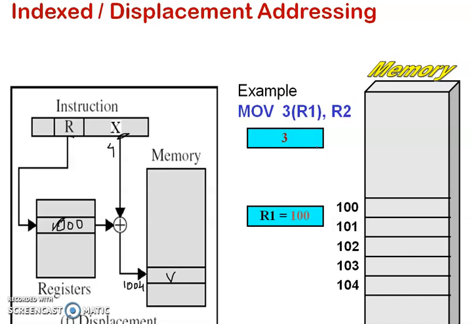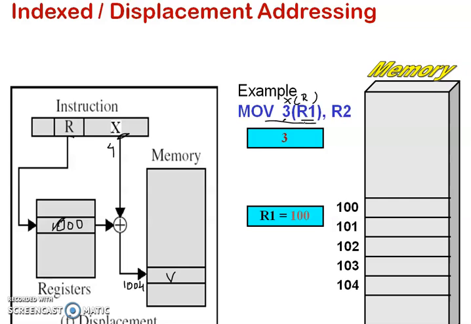So here, if an instruction is given like this, move 3 of R1 comma R2, what is the meaning of that? R1 will be having some address, to that address 3 will be added. So this is of the form x followed by the register R, so indexed addressing mode is being used here.